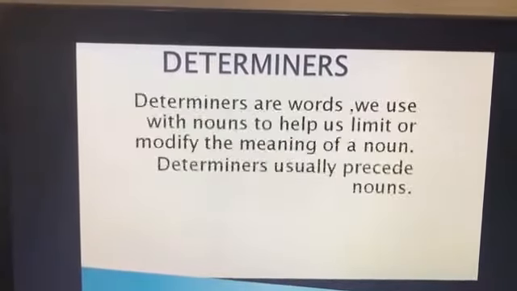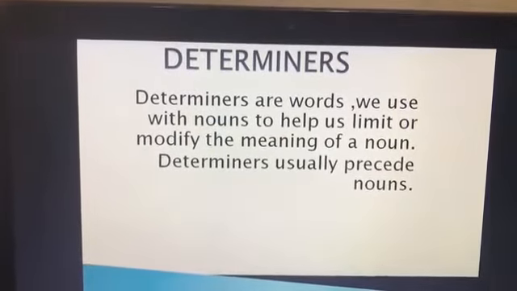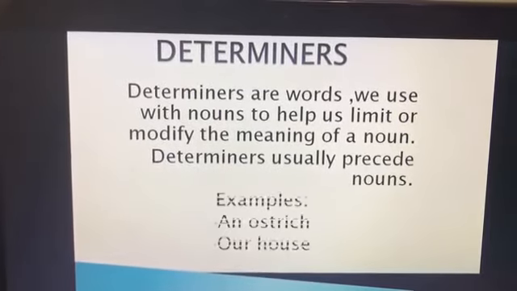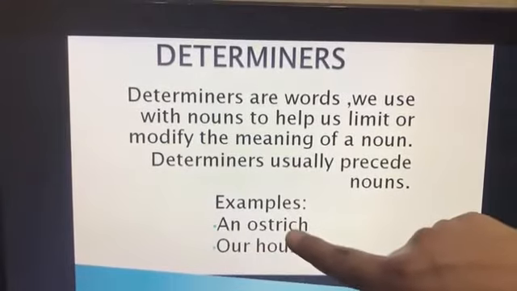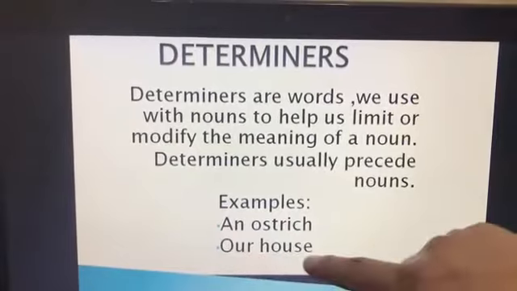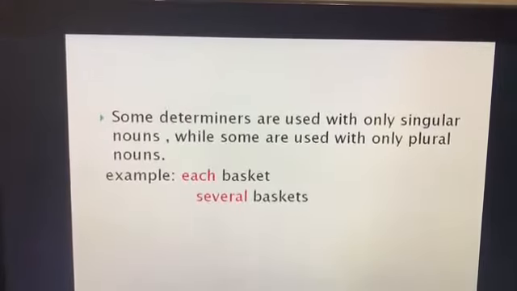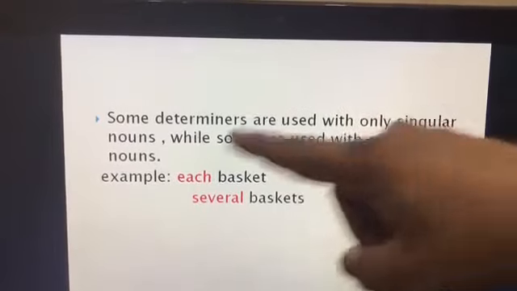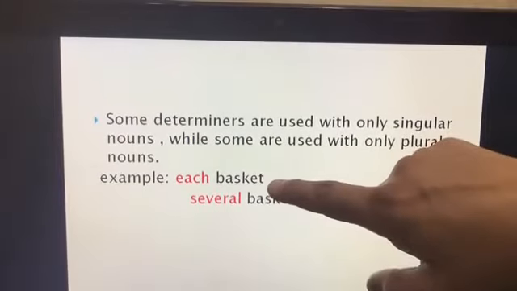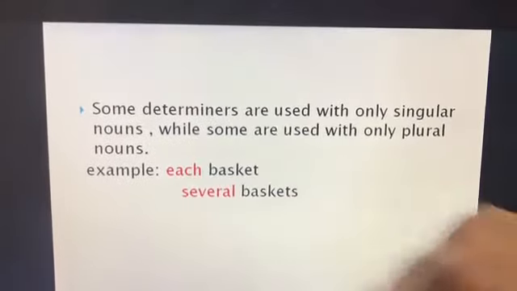So as we have discussed, determiners are words we use with nouns to help us limit or modify the meaning of a noun. Let's take an example. An ostrich. An is a determiner, which is an article, and our house. Our is a determiner. Some determiners are used with only singular nouns. Example, each basket. Basket is a singular noun and each is a determiner.